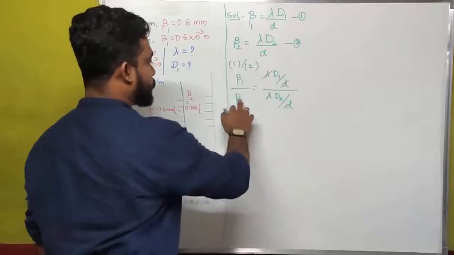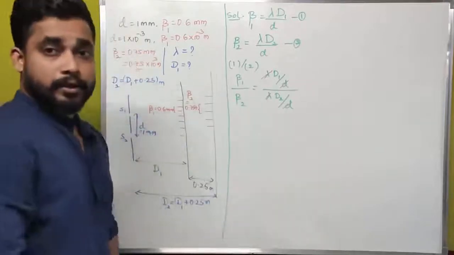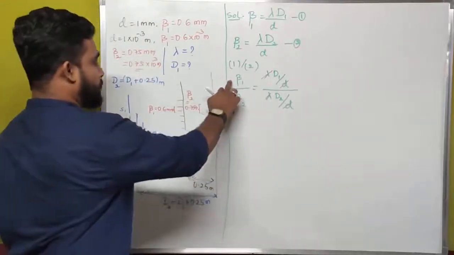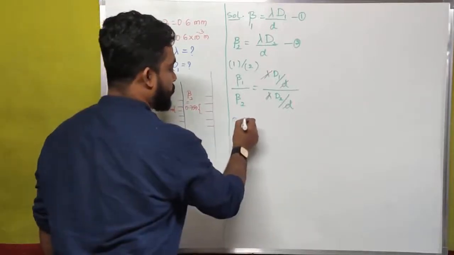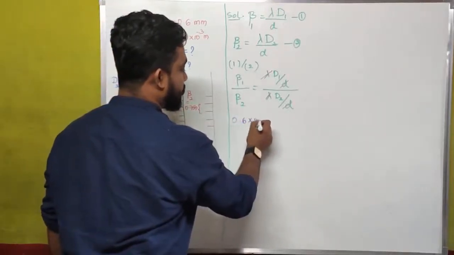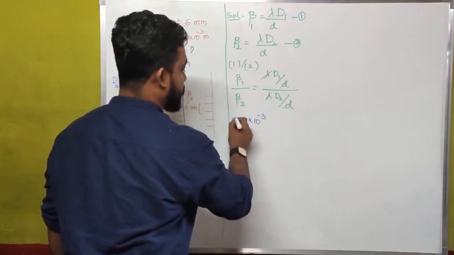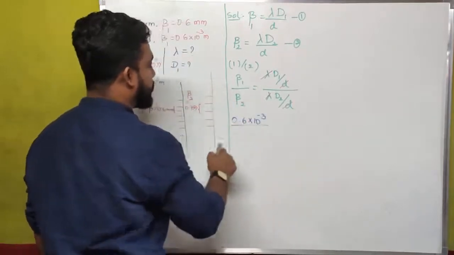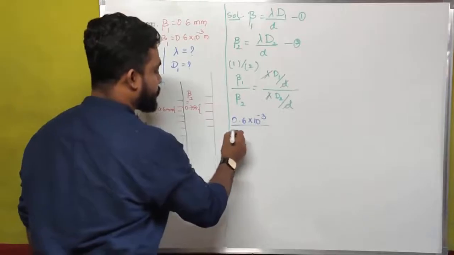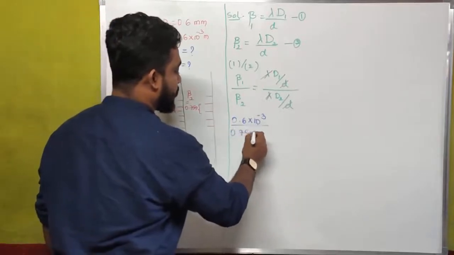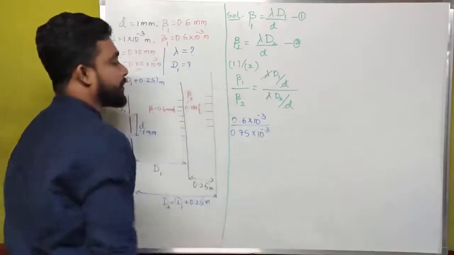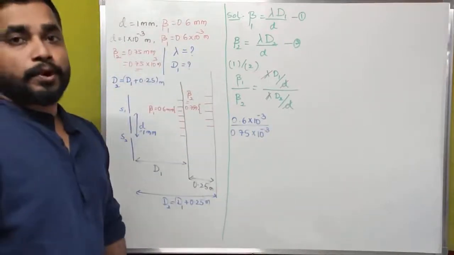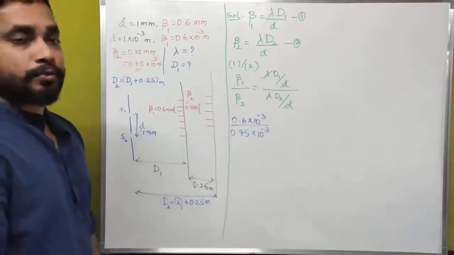Now we can substitute the values of beta and D here. What is beta 1? That is 0.6 millimeter. Here we have 0.6 into 10 to the power of minus 3 meter, and beta 2 is how much? That is 0.75 into 10 to the power of minus 3 meters. 0.6 into 10 to the power of minus 3 meter is beta 1.